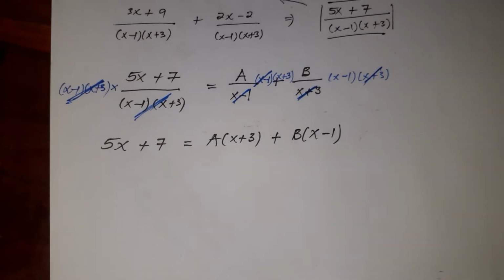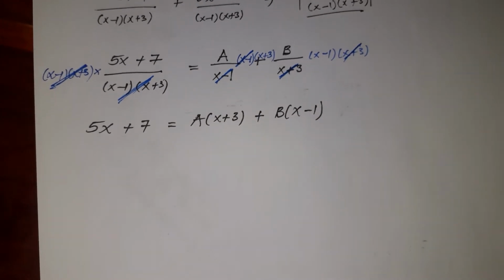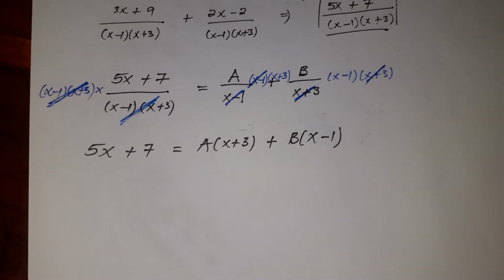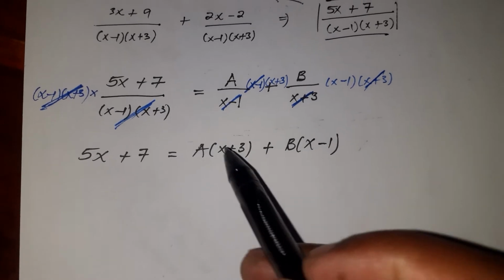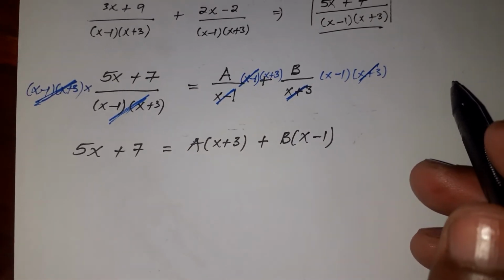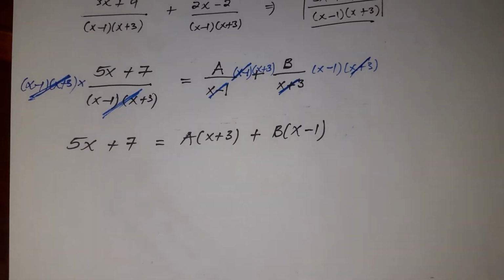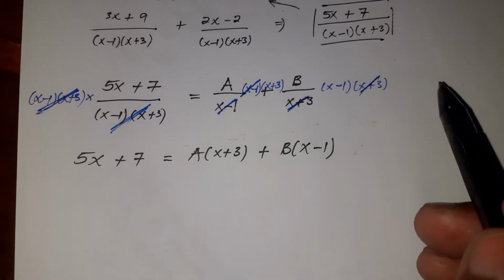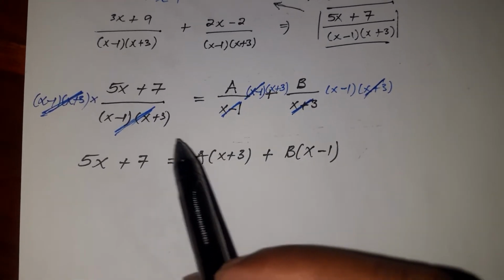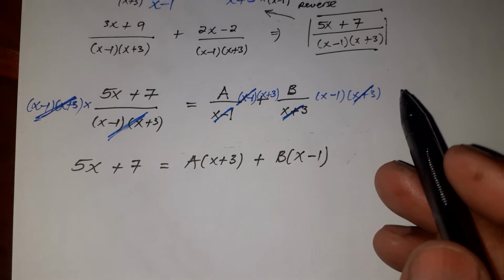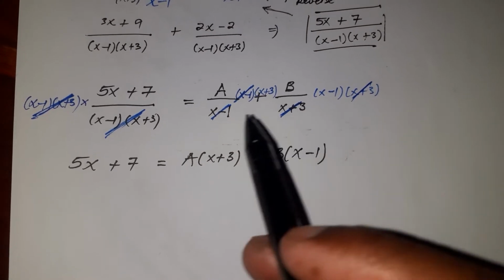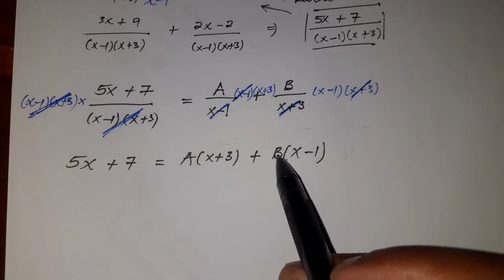Now from here, there are two ways on how to get the values of a. Now I should remind you that the reason why we are carrying out partial fractions is to get the values of a and b.